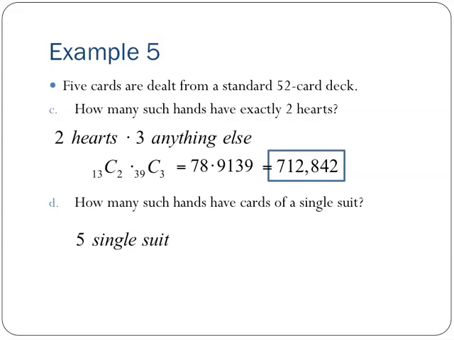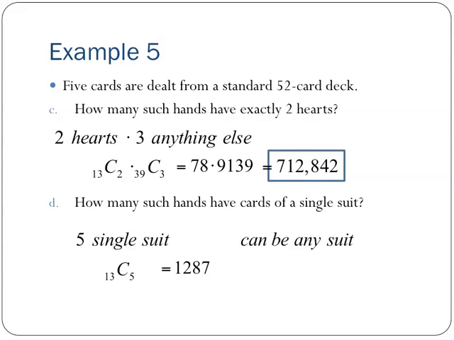Well, how many hearts are there in a standard deck of cards? There are 13, and we want to choose 5 of them. So 13 choose 5 is equal to 1,287. Now, because it doesn't say just diamonds or just hearts, it's just a single suit, it could be one of 4 suits.